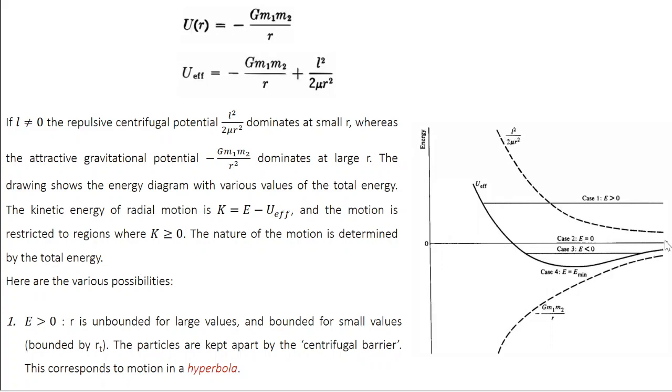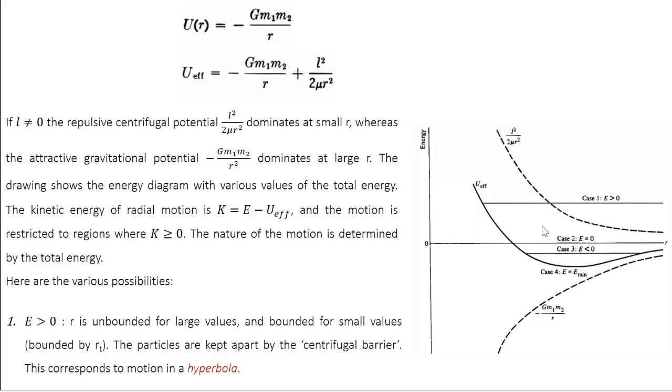On the other hand, if you go to a large r, once again you compare these two heights. At this particular point, you will find that the height of the repulsive potential is smaller than the height of the attractive potential. In other words, for large r, the attractive gravitational potential is more dominant. So for small r, the repulsive potential is dominant. For large r, the attractive potential is dominant.